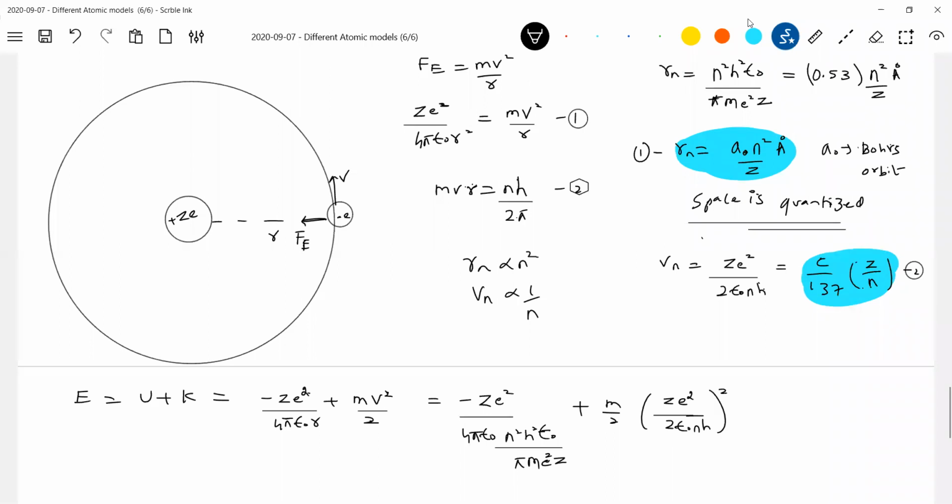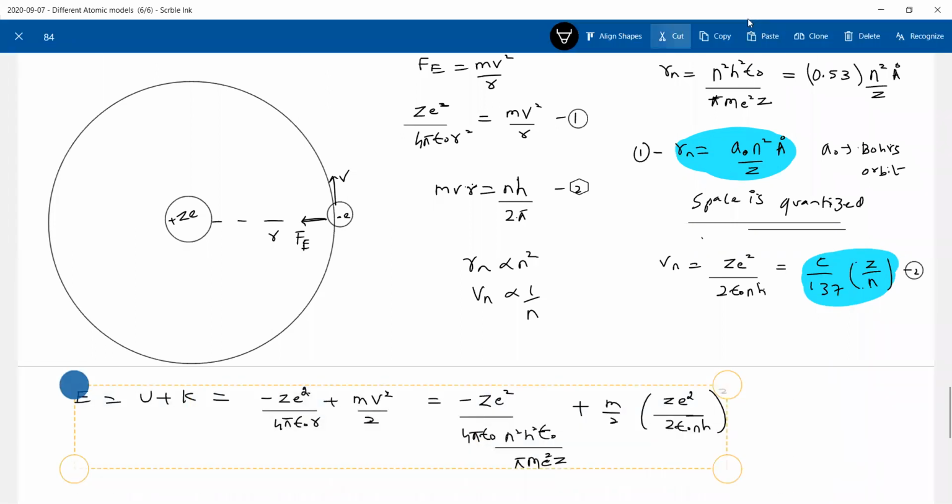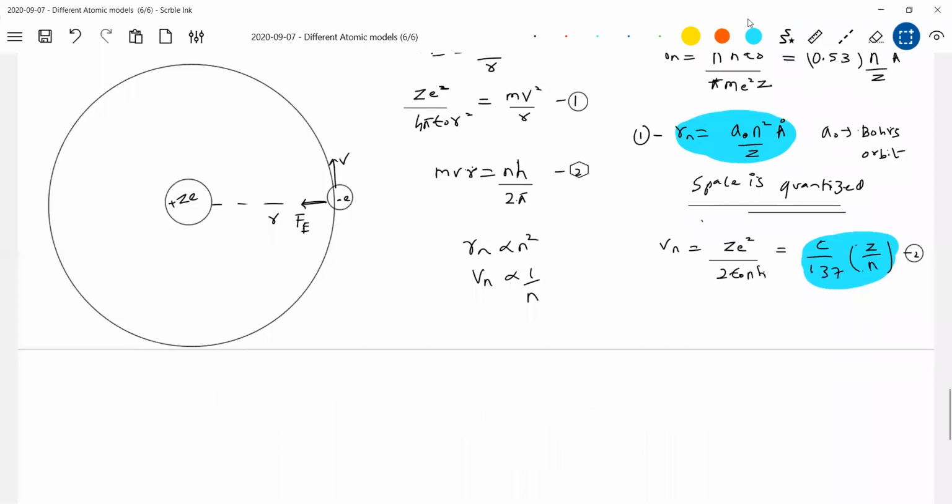In the book, they derive the expression for U separately and the expression for kinetic energy separately, and then bring the relationship. I'll follow the book, otherwise you'll get confused. Let's first derive the expression for kinetic energy.